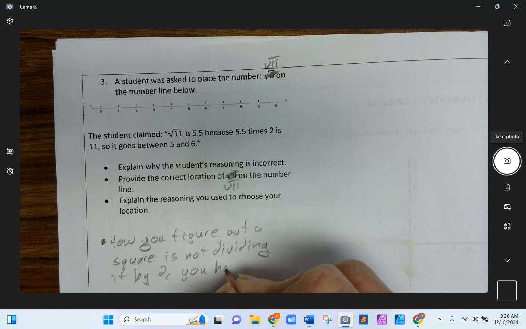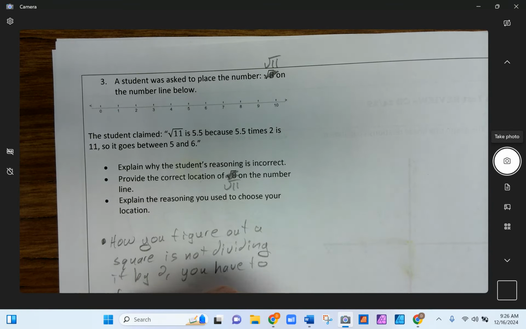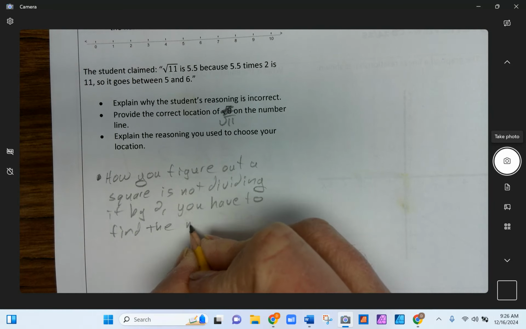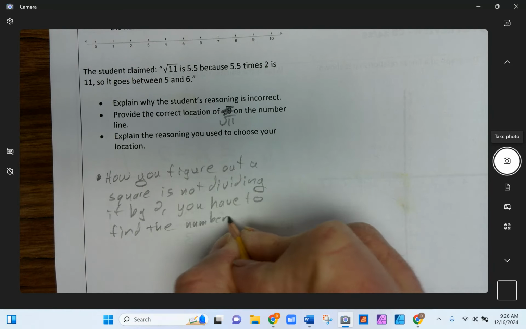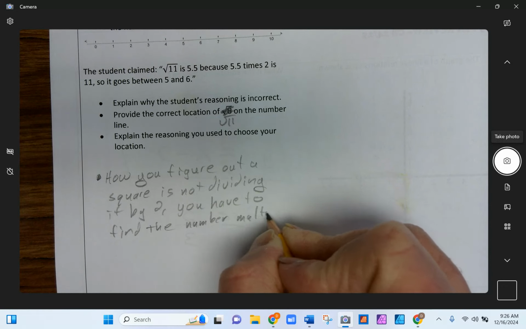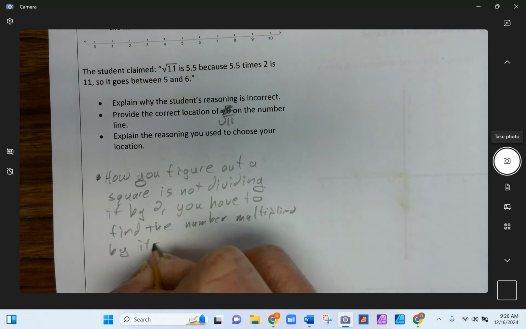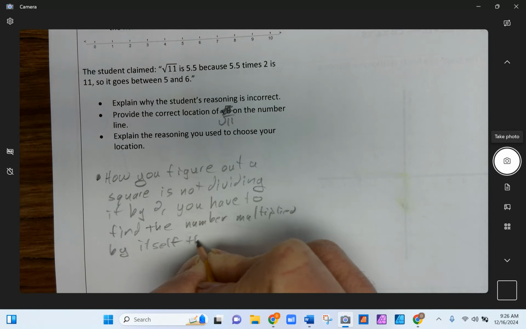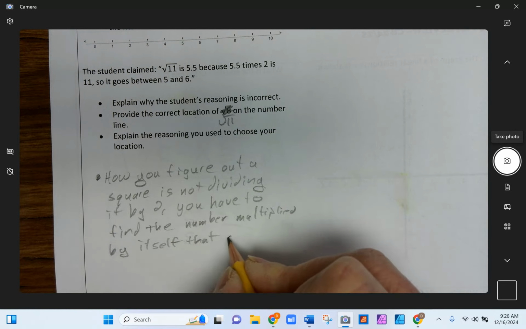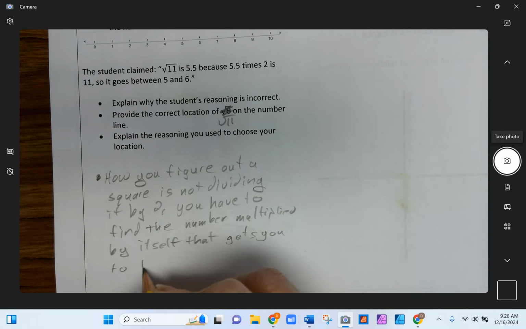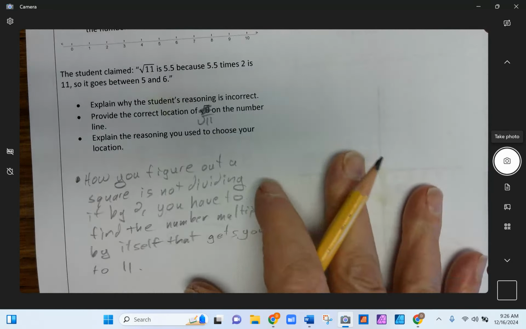You have to find the number multiplied by itself that gets you to 11.